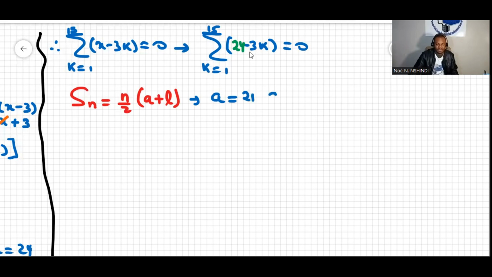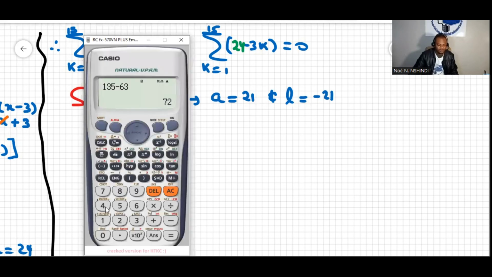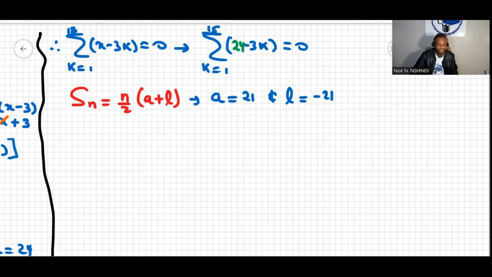And then l, the last term, will be when k is 15. If you sub 15 there, 3 times 15 is 45, so 24 minus 45 equal to negative 21. Then S_n will be equal to n over 2.